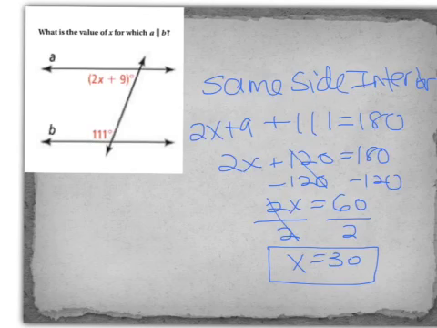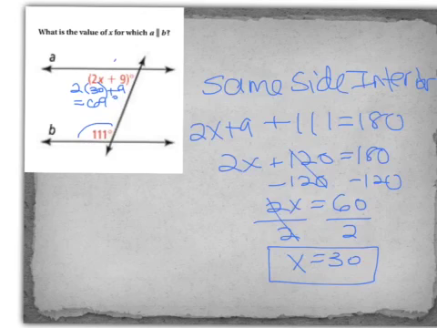Which means we know the measure of this angle is 111. The measure of this angle would be 2 times 30 plus 9, which would be 69 degrees. All the question's looking for is the x value. But we know if they're supplementary, this should be 69 degrees, so the answer does make sense.